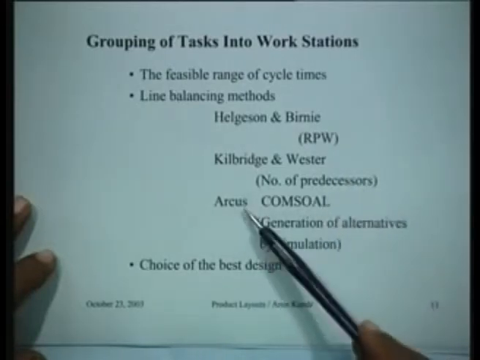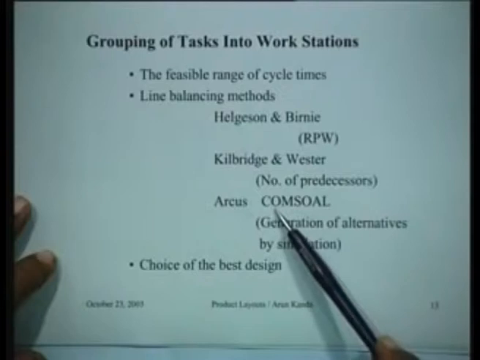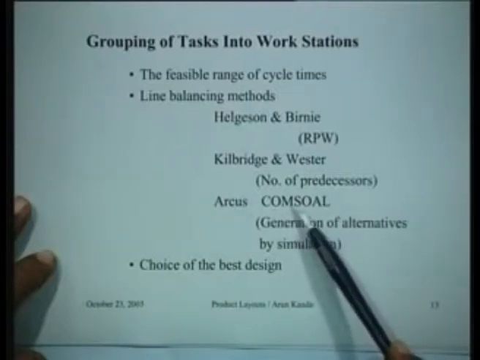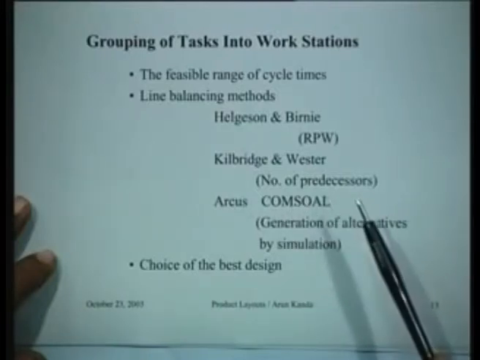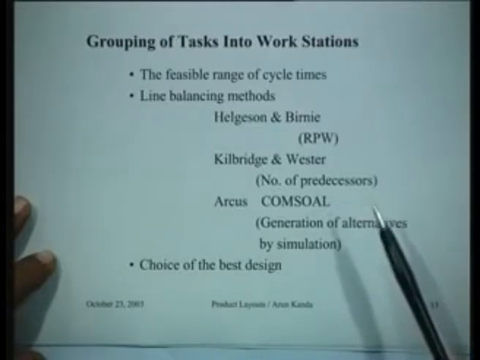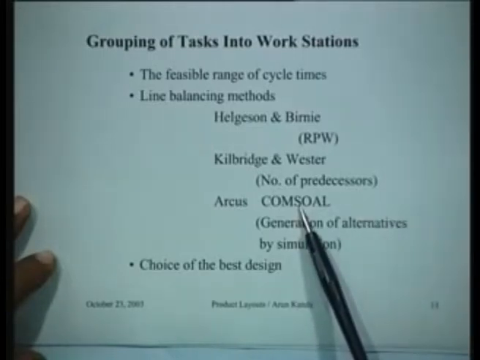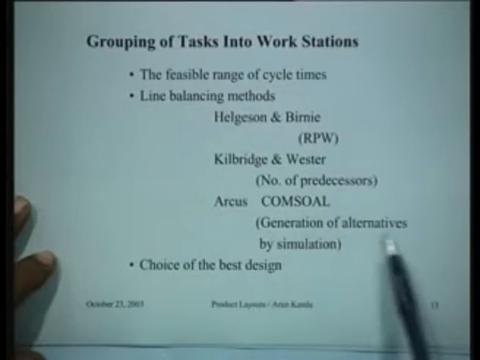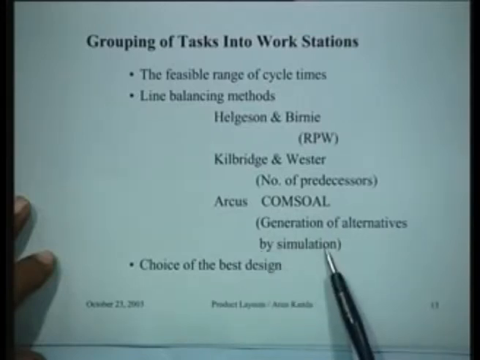There is a procedure due to Arcus called COMSOAL, which is a computerized method for sequencing operations on assembly lines. The basic philosophy in this procedure is the generation of alternatives by simulation, and once you generate a large number of alternatives, you evaluate them and take whichever you think is best.